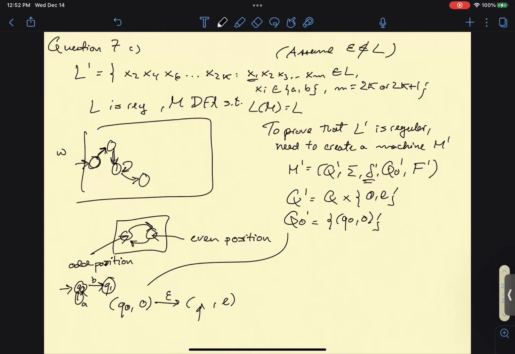This is the key: I just want to simulate the letter at position x1. Suppose I had some letter, then I would either go to Q1 and be in the evens, or Q0 and be in the evens. So I'm just switching. This even odd is just telling me whether I want to keep the letter or not. That's basically the idea.